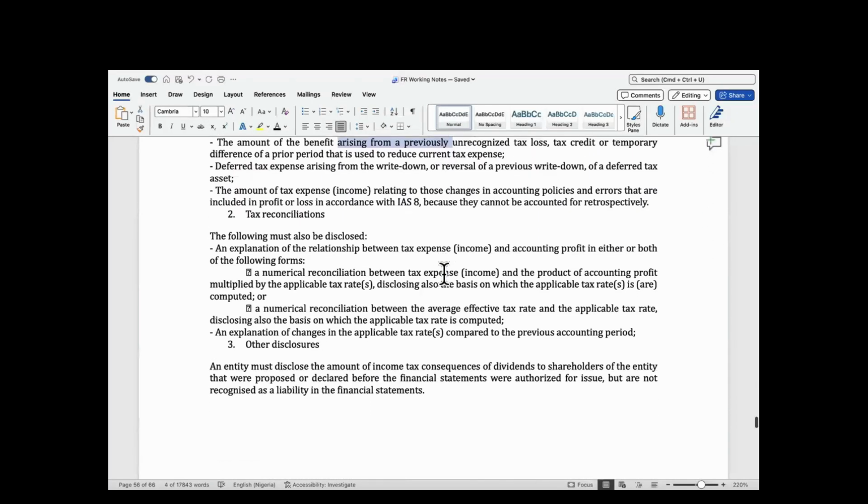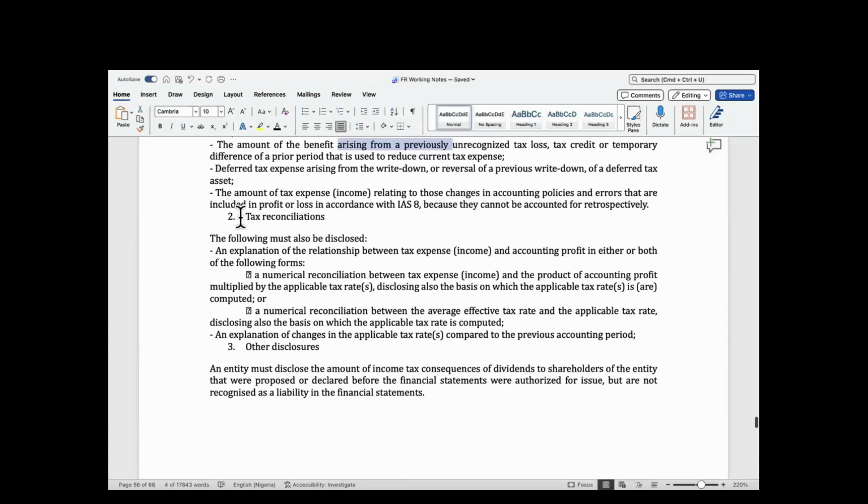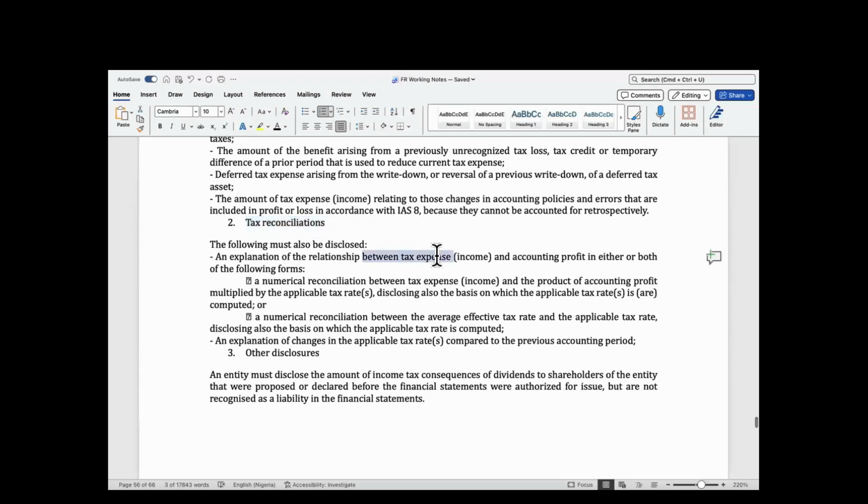So also, as part of our disclosure, we usually do a tax reconciliation. We do a reconciliation because we are supposed to reconcile the amount you put in as tax expense, and if you do 30% of your accounting profits, reconcile where there is any difference between the two.